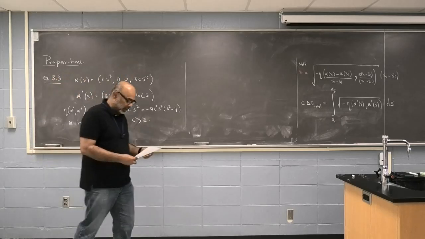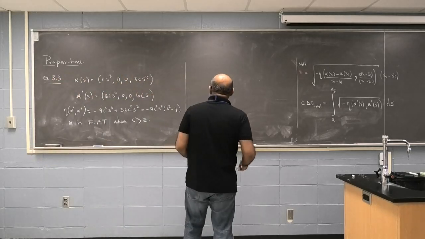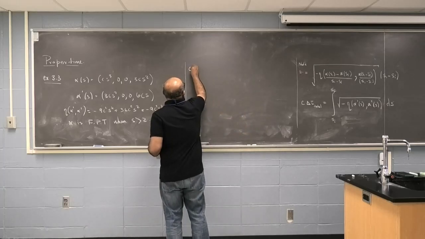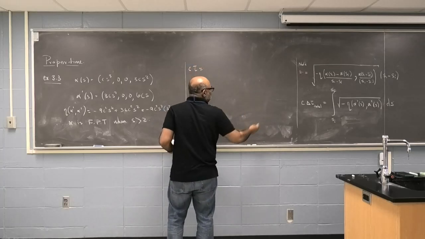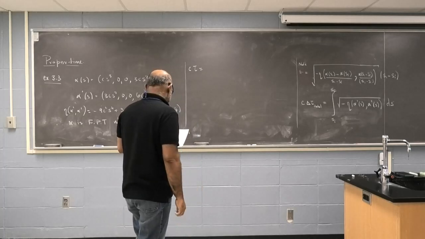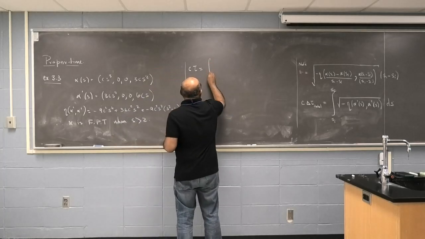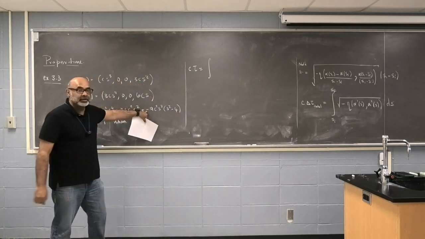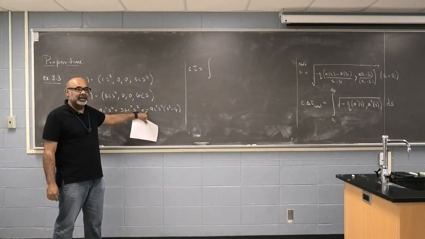Okay, so I need now tau, the proper time. I'm just going to call it tau. And that's going to be the integral of the square root of the negative. Oh, look at that. Isn't that nice? So the negative just goes away.